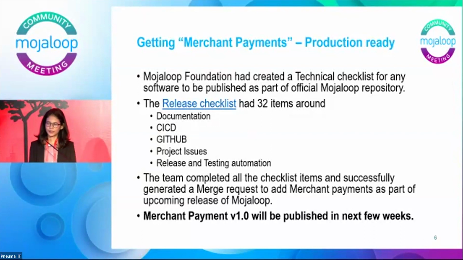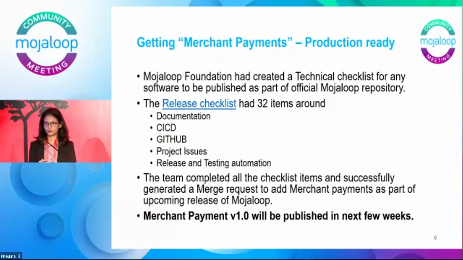Some of the items are related to documentation. Under that area, we have done the documentation from the design and requirements all the way to the deployment guideline. We also did the CI/CD pipeline recommended by the Mojaloop Foundation, which includes the license check, the link check, vulnerability check, and so on.